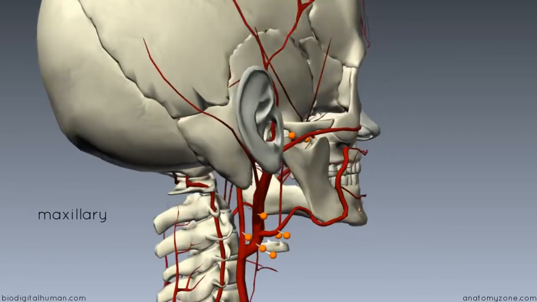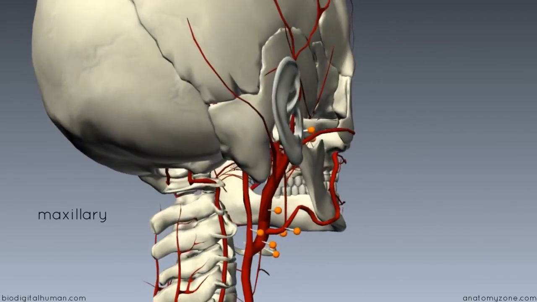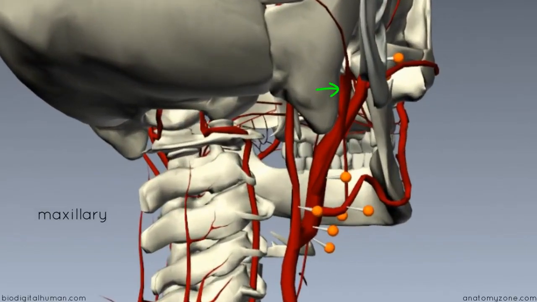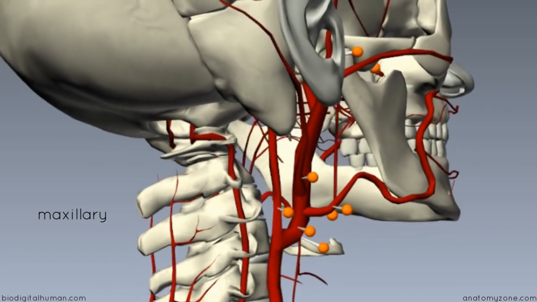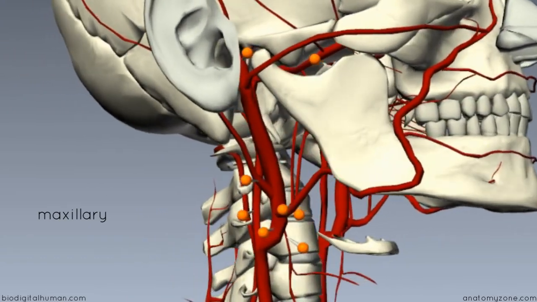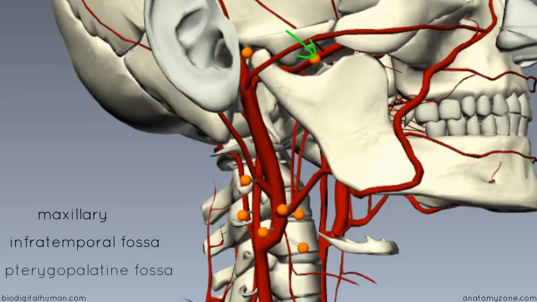If I just rotate the model around posteriorly, we can see the maxillary artery running behind the neck of the mandible here, and if I rotate it round again to the lateral view, you can see it passing medially to the neck of the mandible, and then it passes into the infratemporal fossa and ultimately into the pterygopalatine fossa.